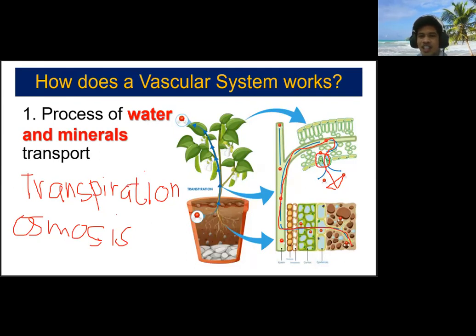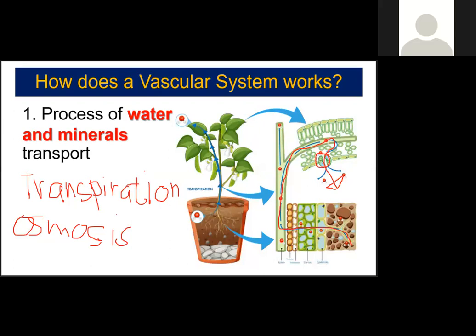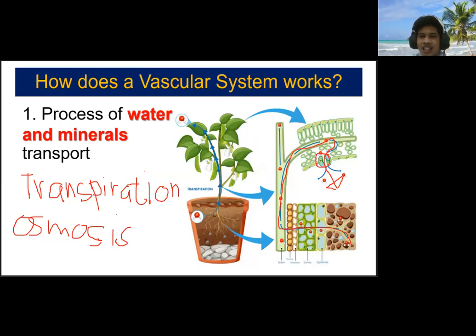Okay, I will repeat this one. We have three processes today in which water and minerals are being transported by the xylem. Again, starting from the roots, water enters the root hair through osmosis.